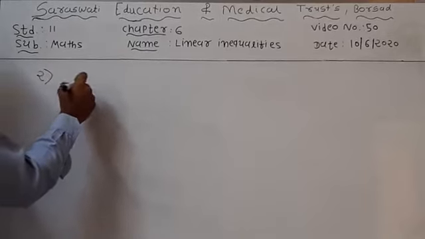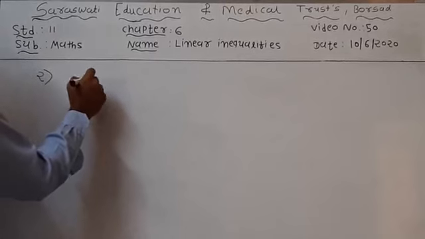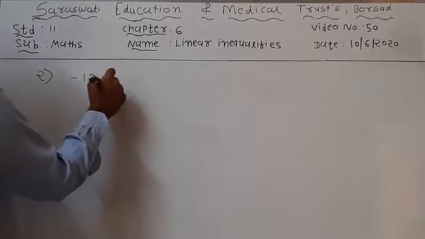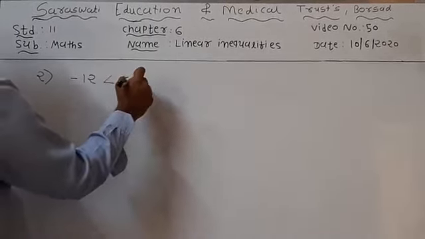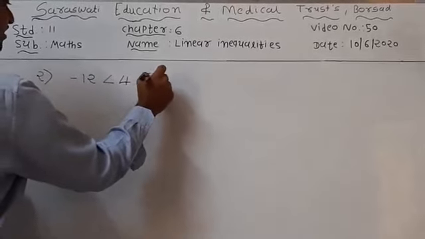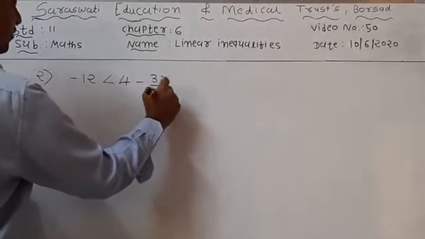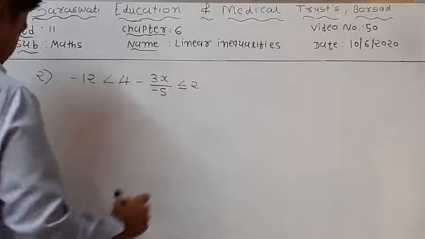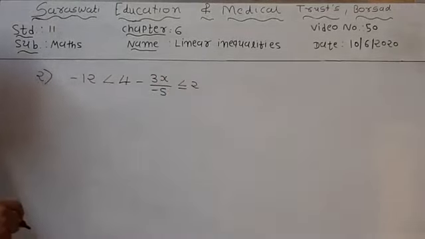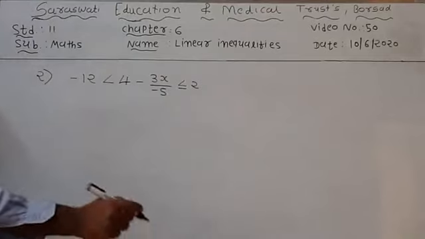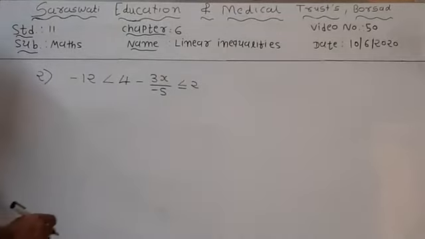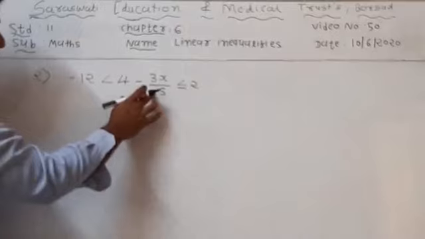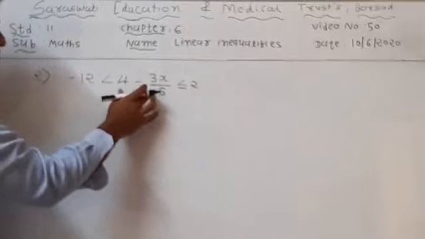Solve the following inequality: minus 12 less than 4 minus 3x upon minus 5 less than or equal to 2. So now how can we solve this inequality? Here first of all the minus sign is present, so minus minus becomes plus sign.